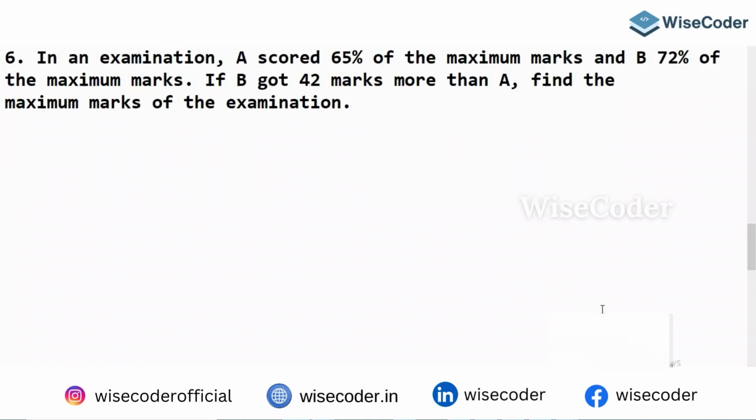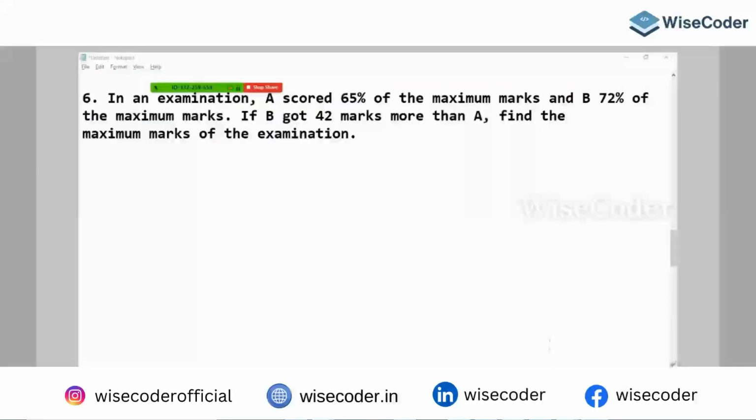If B got 42 marks more than A, find the maximum marks in the examination. Please pause the video and try to solve this question. I hope you're done with your solution.